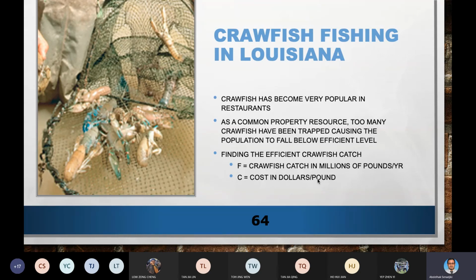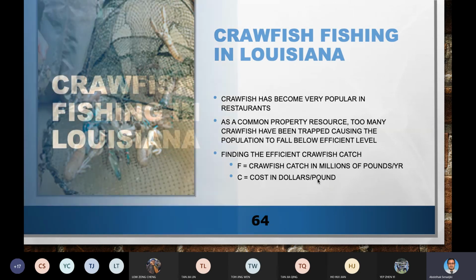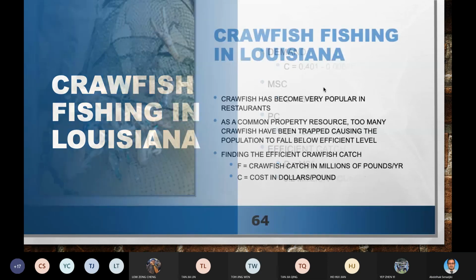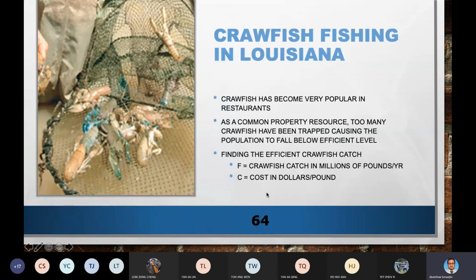Finding the efficient crawfish catch, where F is the crawfish catch in millions of pounds per year, and C is the cost in dollars per pound. So we have, for example, the demand: C equals 0.401 minus 0.0064 F. F is the crawfish catch, C is the cost.